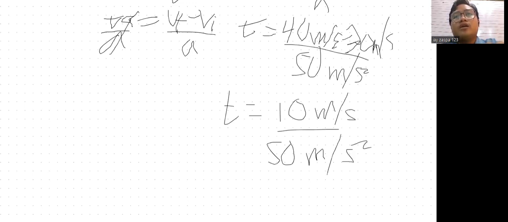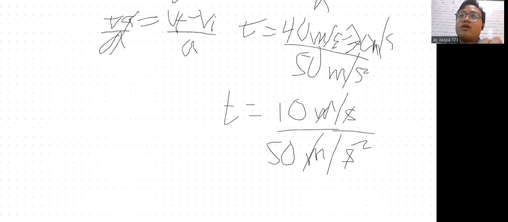This time, the meter will be cancelled out. This is division, and this is division also, so the second will be cancelled out also. So only 1 second is left because of this.